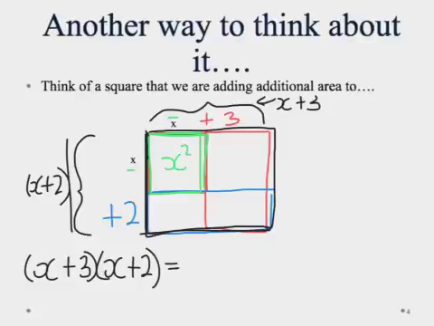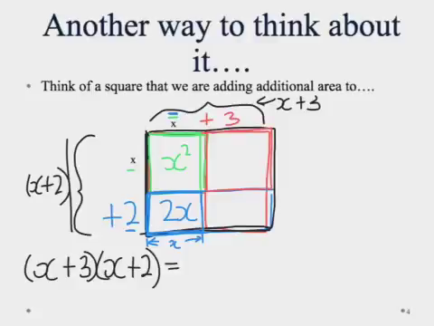Now let's have a look in this square here. This square area is 2 times x, which is 2x, because this length down here, from here to here, is x as well. What about the next square? That's this one here.